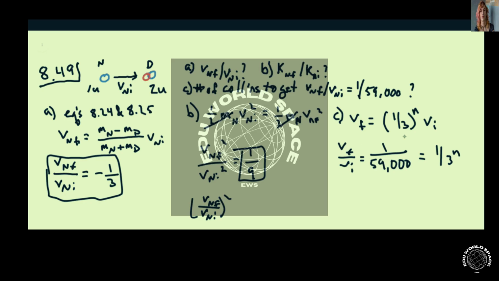And so just rearranging this, we see that 3 to the n equals 59,000. So we want to figure out what exponent n we need here to get 3 to the n equal to 59,000.